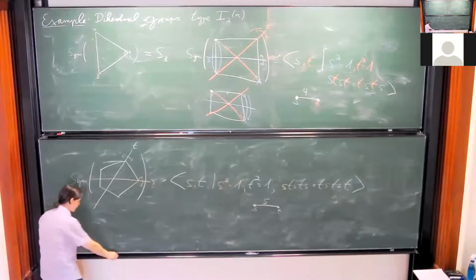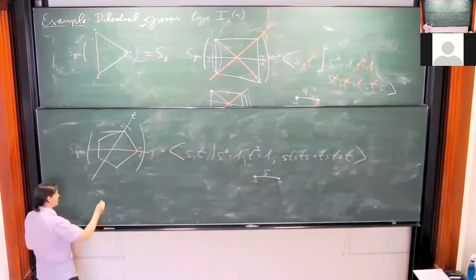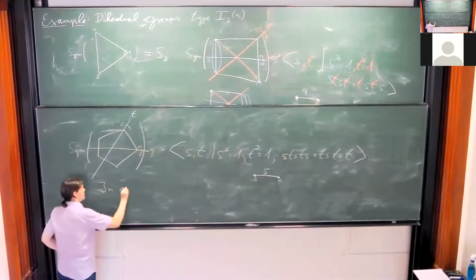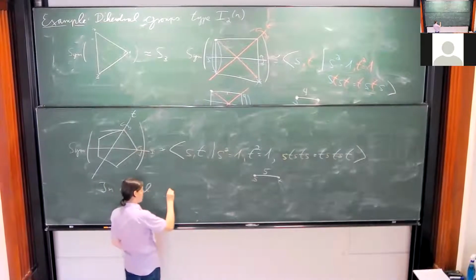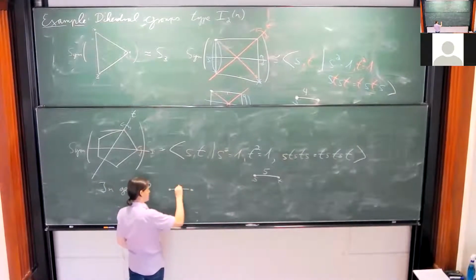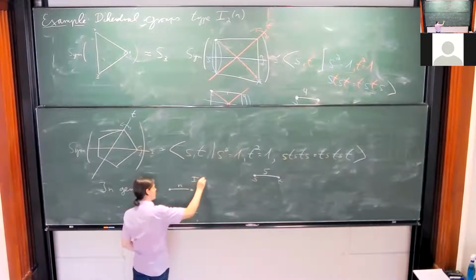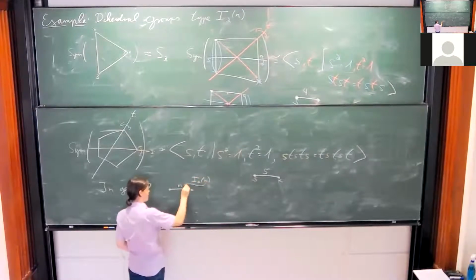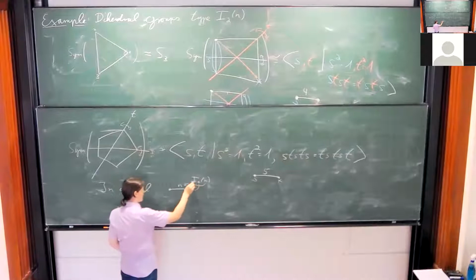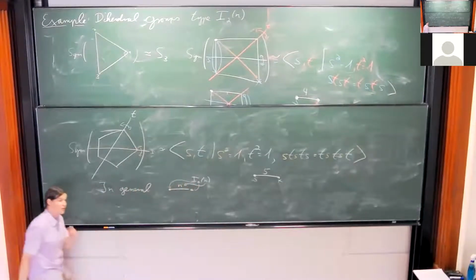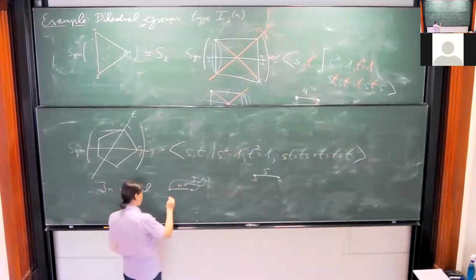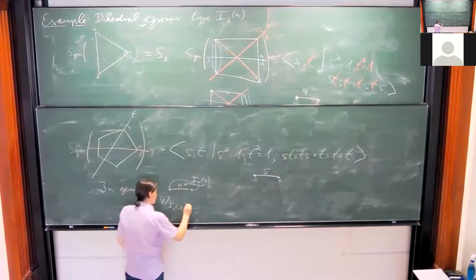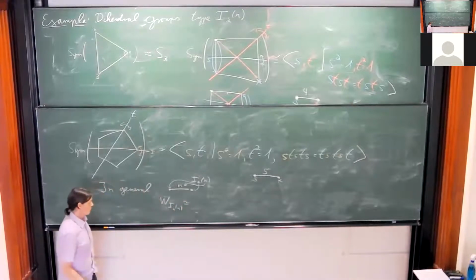And the general statement is that the Coxeter group of this type, this is I2N, and the N is exactly this label, and the 2 is just the number of vertices. The Coxeter group for this one, so it's W of I2N, is isomorphic to the dihedral group.